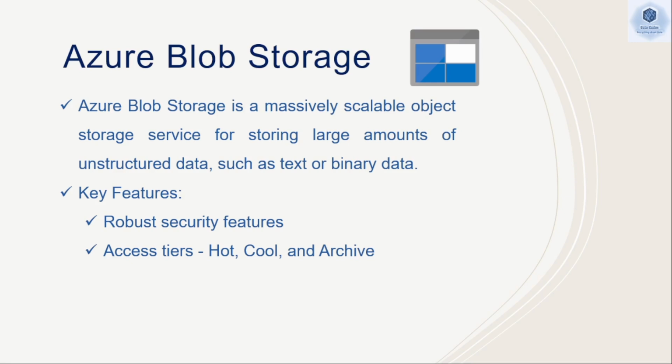These tiers are really helpful for performing different kinds of operations. For example, if you store data which is highly accessible and you process it daily, that data is loaded in hot storage, where the storage cost is high, but you can process the data faster than in other tiers.